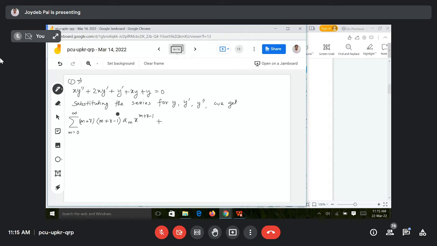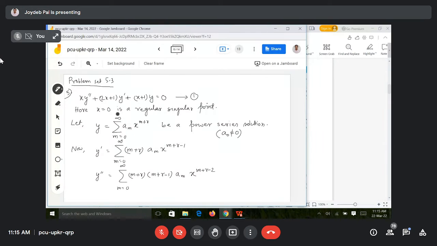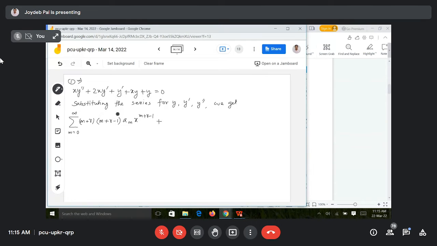Now y dash into 2x: you multiply the y dash series by 2x, so it will be x to the power m plus r with 2 multiplied inside. So summation m equals 0 to infinity 2(m plus r) a_m x to the power m plus r.